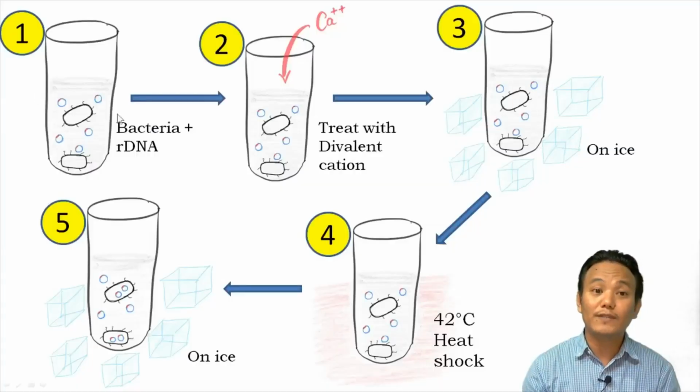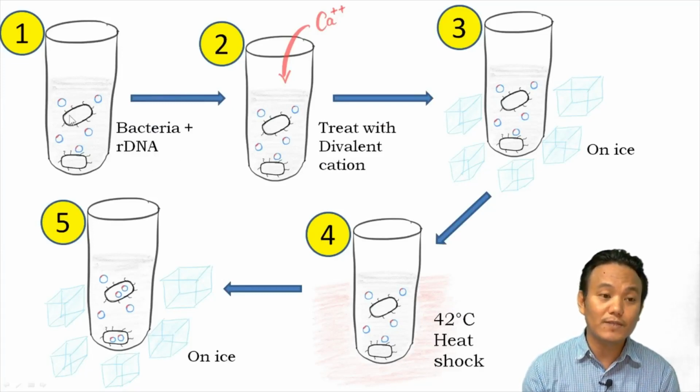In this diagram, we can see the steps involved in making a bacterial cell competent to take up recombinant DNA. In the first step, we can see that the bacteria is not readily taking up the recombinant DNA even though they are mixed together. Why? Because the bacteria has a cell wall and a cell membrane which does not allow for the easy passage of recombinant DNA into the bacterial cell. In order to make the bacterial cell competent, we need to treat it with a particular concentration of divalent cation, such as calcium ion.